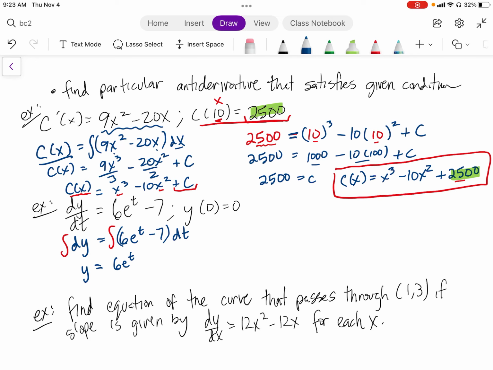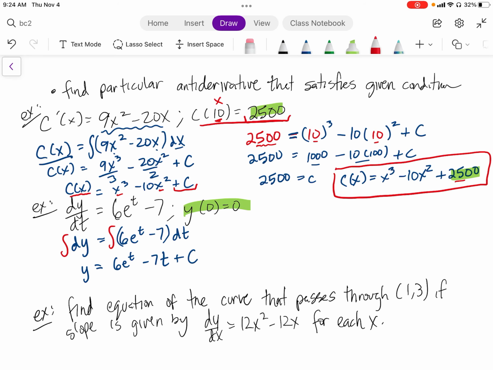That's the easiest derivative and integral that exists. And the integral of negative 7 is negative 7t. I don't know the constant yet, but they gave me this information here, so I'm going to use that to finish out the problem.